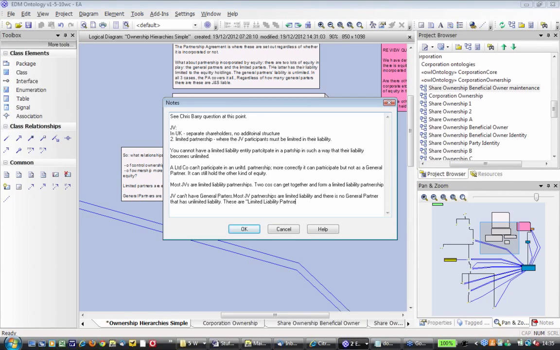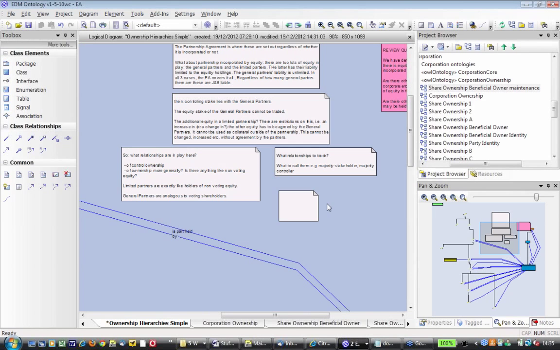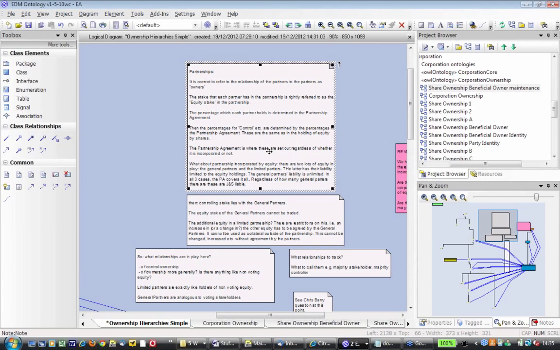I'm just checking what I'm writing is still correct. Yeah, that's right. They are technically limited liability partnerships. That means every partner has a defined limited liability.